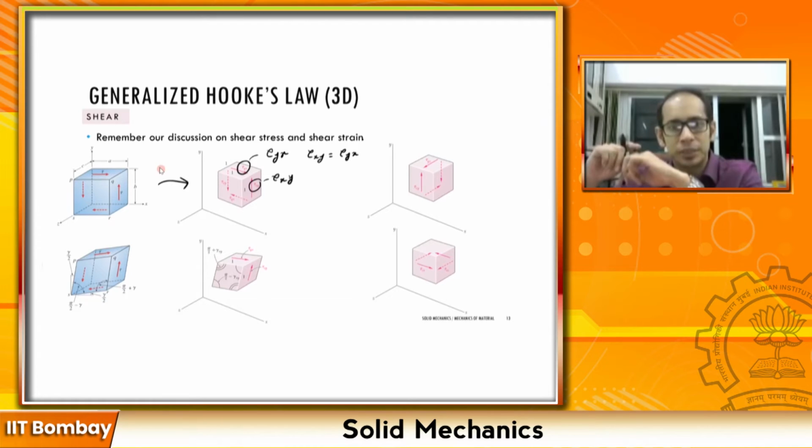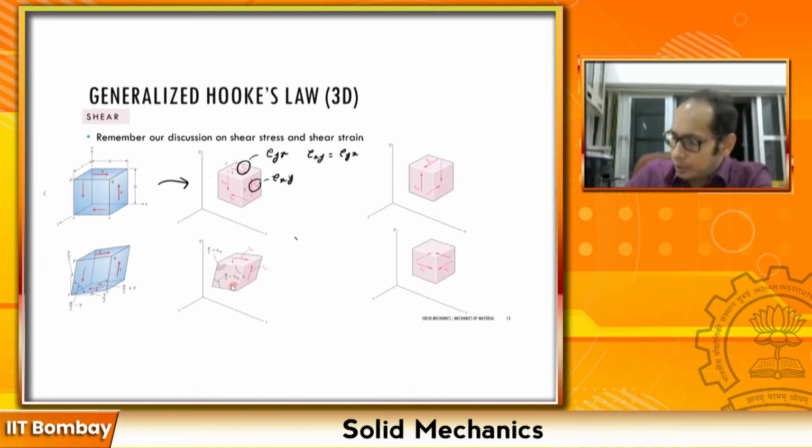Tau is the shear stress, and the corresponding strain gamma is produced over here, right? Now remember, if this is called tau xy, the strain is going to be called gamma xy. And do you remember the relationship between the shear stress and the shear strain? It is going to be tau xy equals G gamma xy. We had looked at this one over here, right? So this was along the xy.